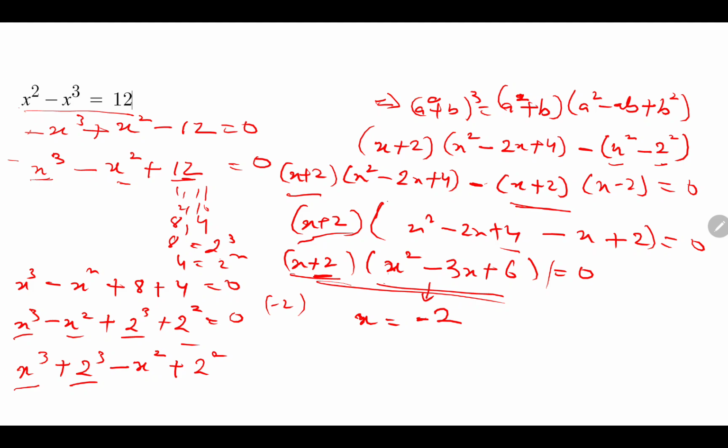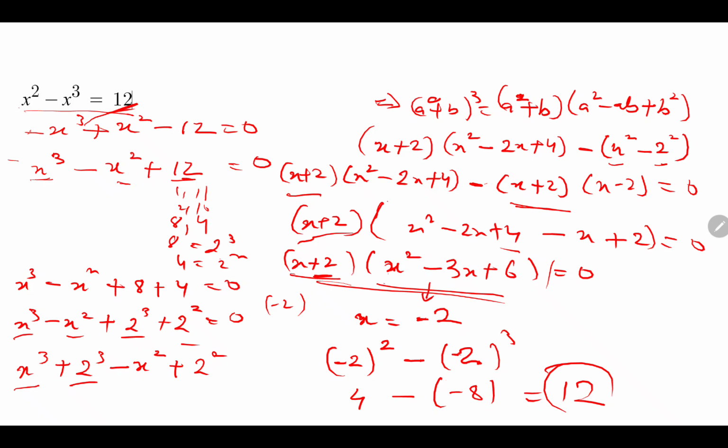Let's try to fit it in: minus 2 whole square minus minus 2 cube, so it would be 4 minus minus 8, equals 12. So it matches with this equation.